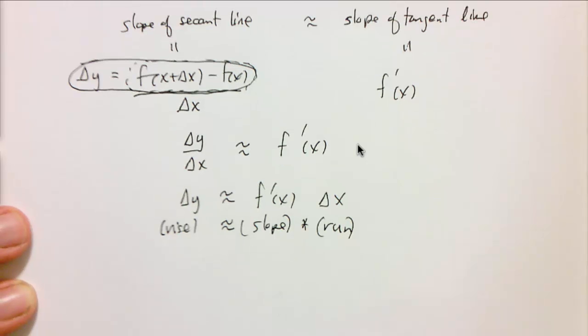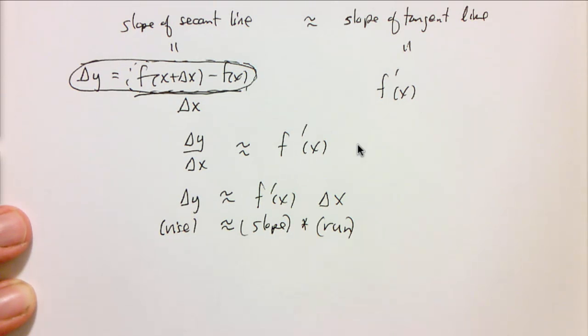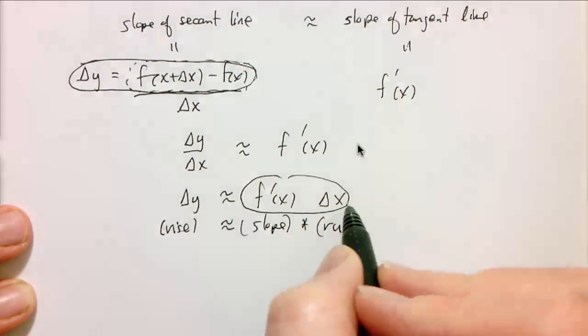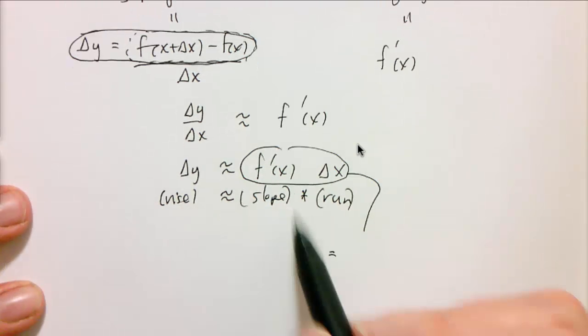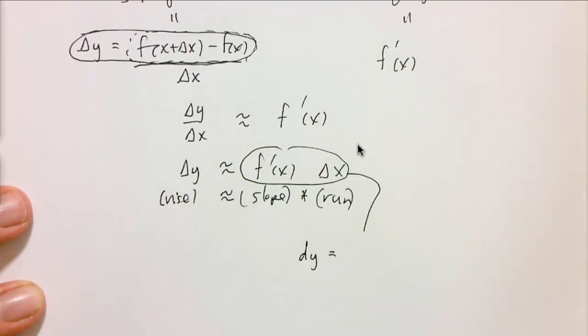Now some more new notation. A differential is just another way to write this approximation. So we call this side here dy. What this represents is the linear change, or the change in following the tangent line, the linear change in the function.